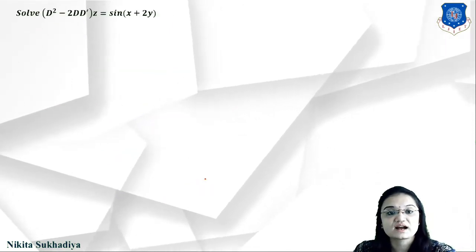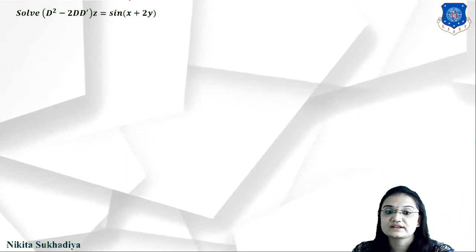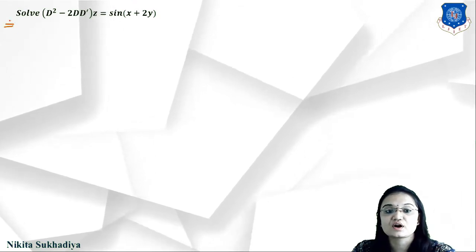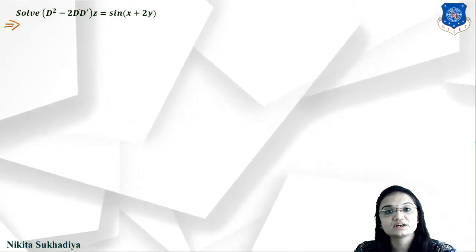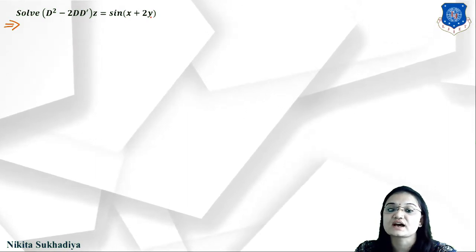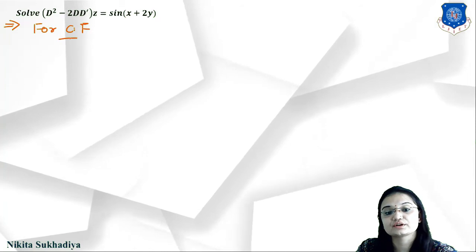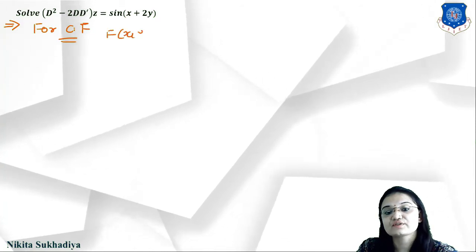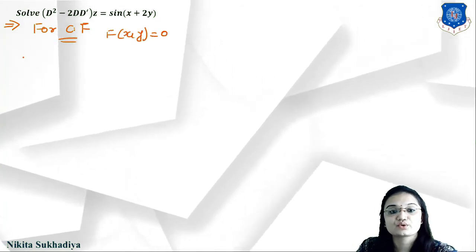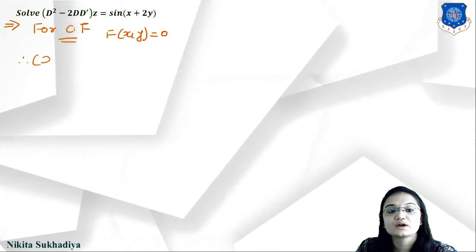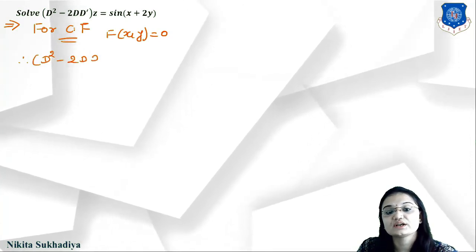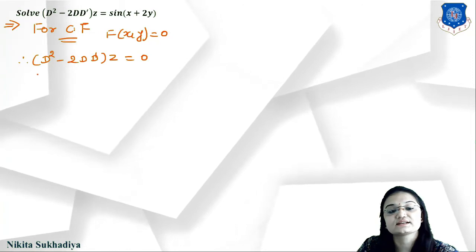Okay, let's start with an example. Let us understand with an example, that is solve D square minus 2DD dash into z is equal to sin(x plus 2y). For the complementary function, f of x,y is equal to 0. So here we have D square minus 2DD dash into z is equal to 0.